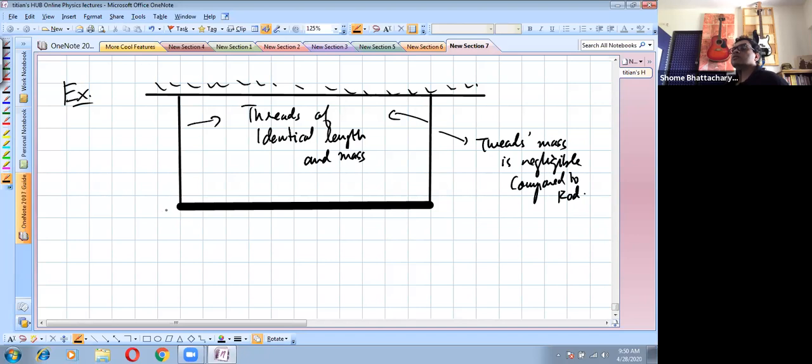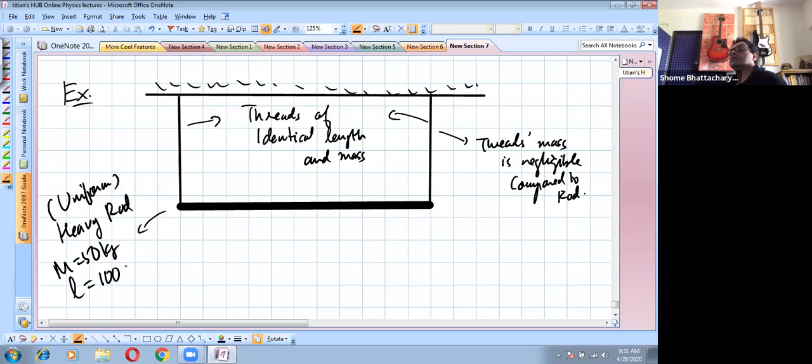Okay, so this is a uniform heavy rod, which has mass, let us say 50 kilograms, and length of 100 centimeters.